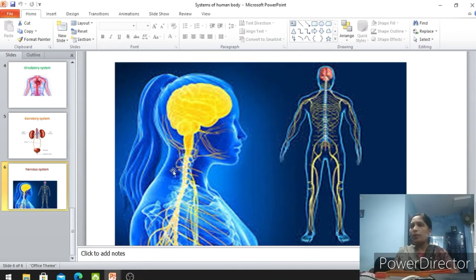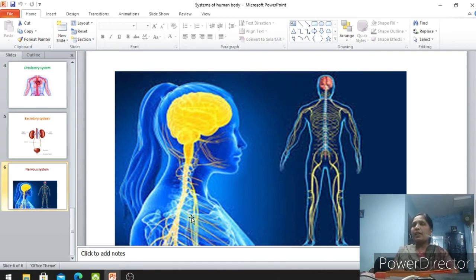It sends the commands to all the parts of our body, so that according to the command they receive, our body organs will work. In this way, different internal organs are helping us to do our work and to be alive.